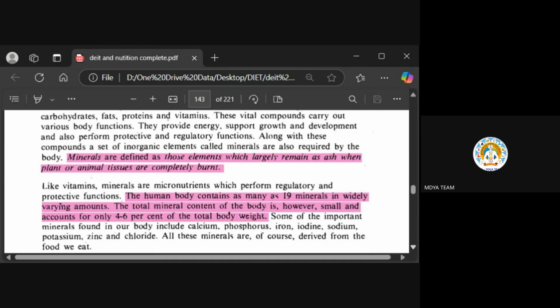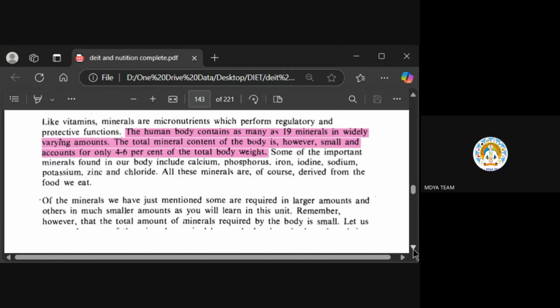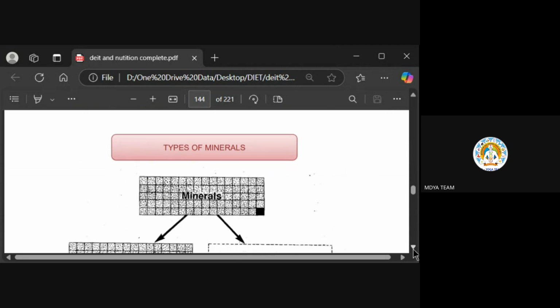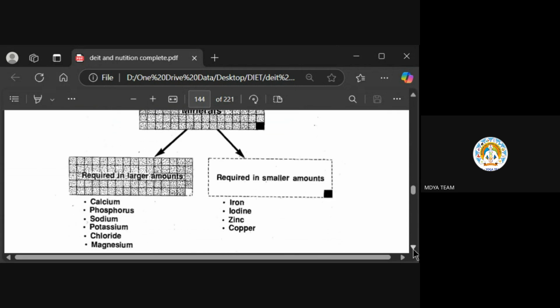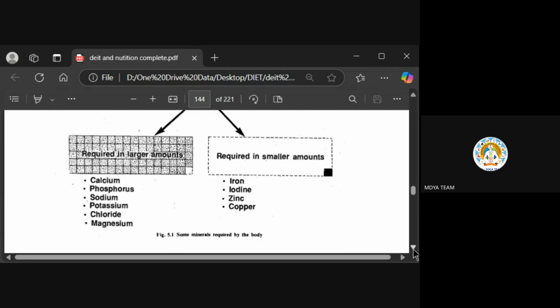The minerals which are present in large amount are calcium, chloride, magnesium, phosphorus, potassium, sodium, and the minerals which are in less quantity are chromium, cobalt, copper, iodine, iron, manganese, zinc. Okay, so minerals are also like this, in the smaller quantity and the larger quantity.